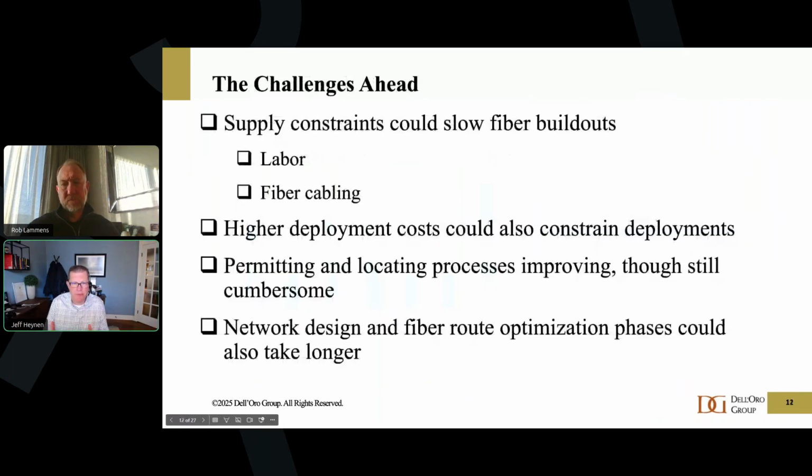So given all that and the current investment levels, some of the challenges that lay ahead for these operators, and I mentioned these at the outset, are the supply constraints both from a labor perspective as well as a fiber cabling perspective. Now, keep in mind that with all the data center infrastructure build-outs now, there is a heavy demand for new fiber cabling, both to and within data centers.